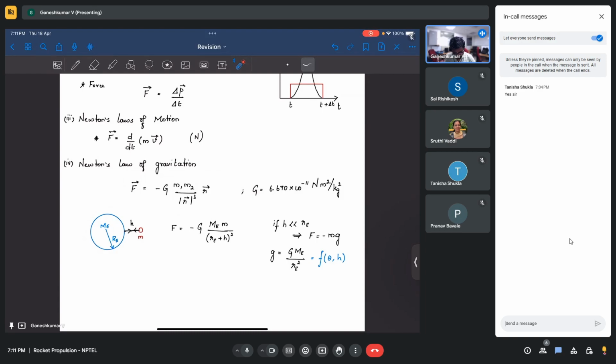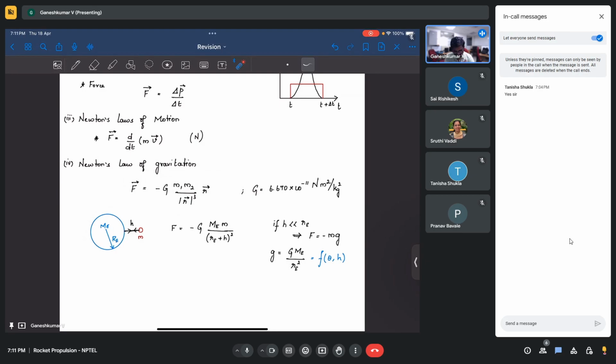Okay, but for our analysis, since we are launching rockets and we are interested in satellites revolving around the Earth, we are fine with the gravitational pull between the Earth and the satellite, or Earth and the rocket.